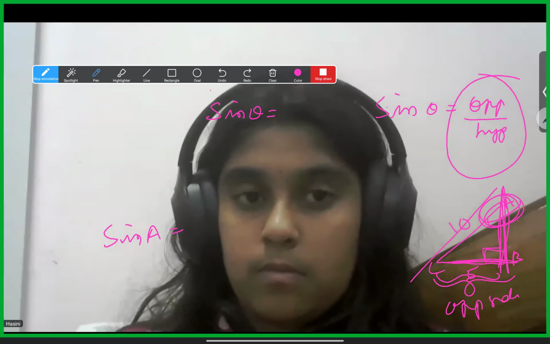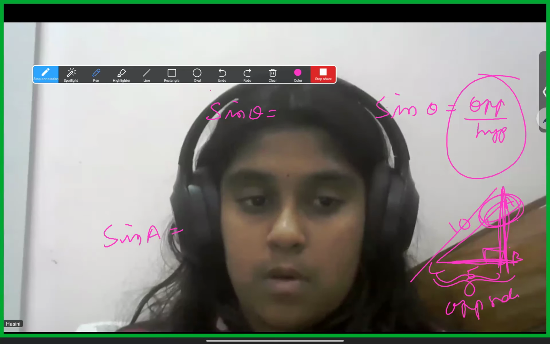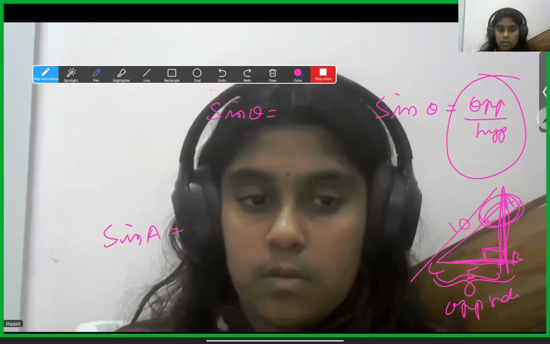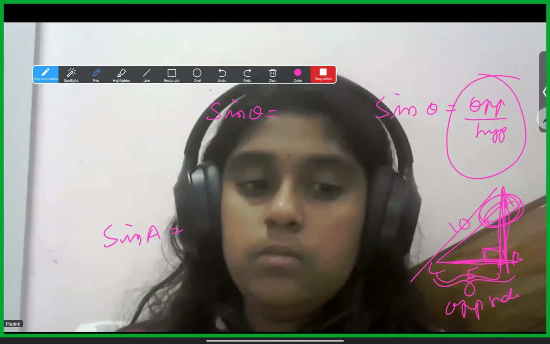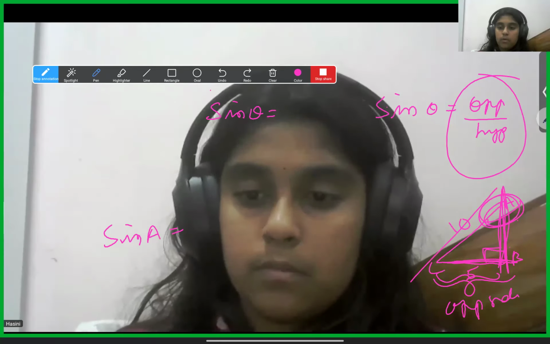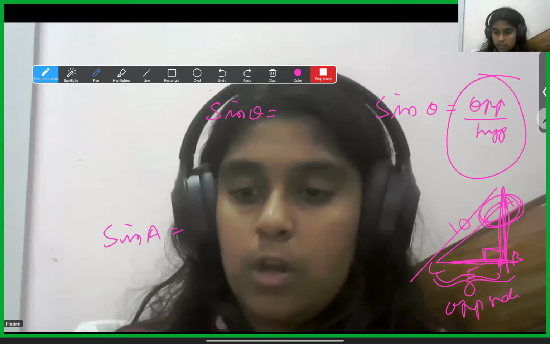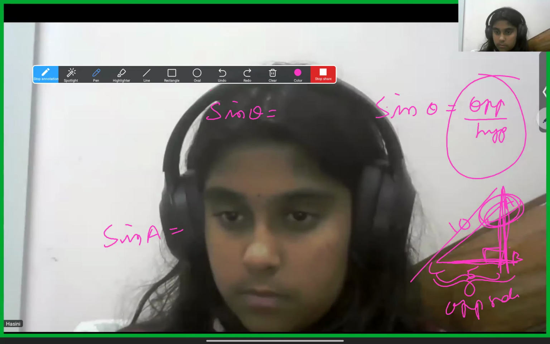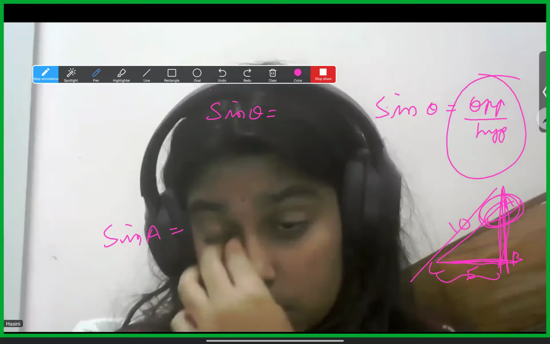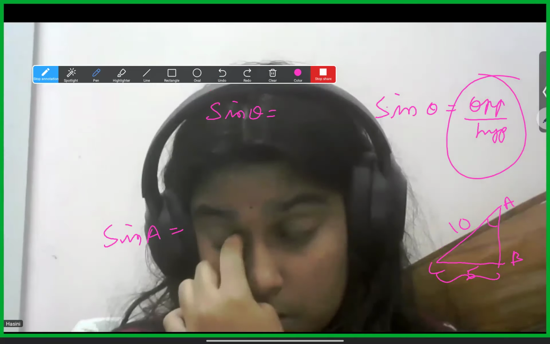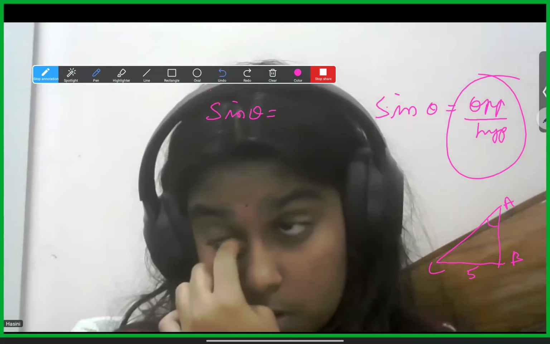Before, when I was telling opposite side, it means how to check it first: for that angle A, the opposite side. Any doubt, Hasni? No doubt. So now we can tell the formulas in the following.